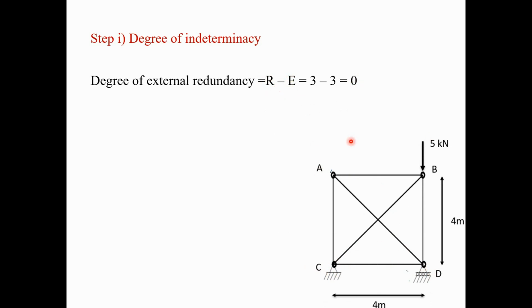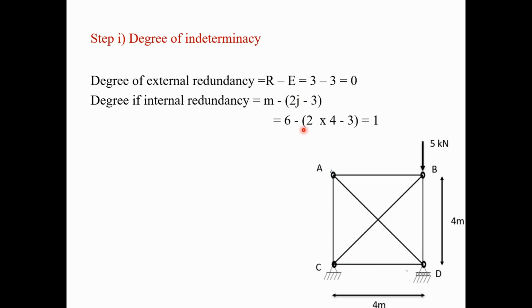So this truss is statically determinate externally, but to find out its degree of internal redundancy, we have the equation m minus 2j minus 3. The number of members of the truss is 6 and the number of joints in the truss is 4. So 6 minus 2 into 4 minus 3.